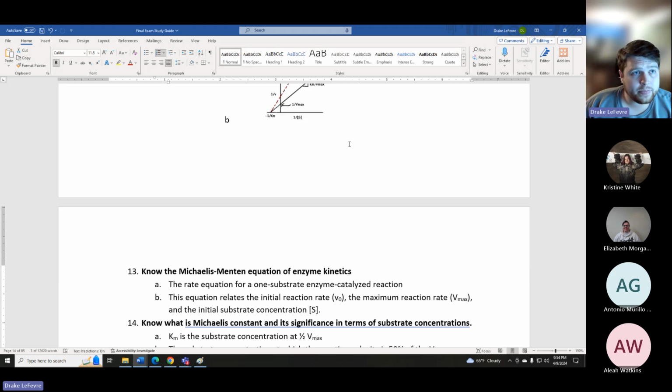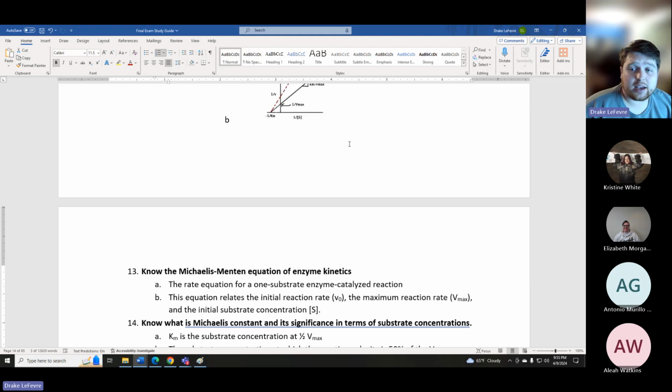So when we talk about allosteric binding, we can also think of stuff like negative feedback loops. Who can describe to me what a negative feedback loop is? The production of something stops the production of it once there's enough. Perfect.